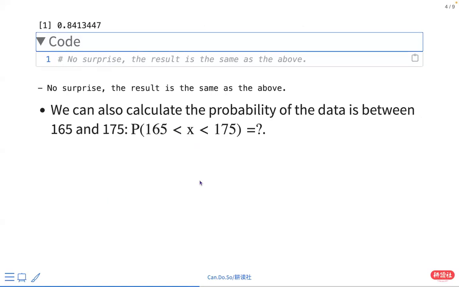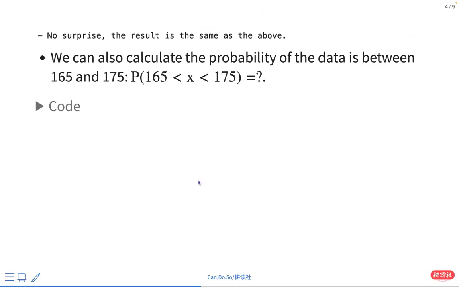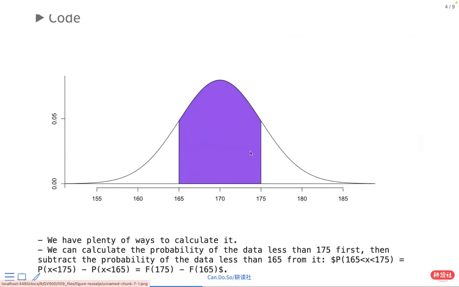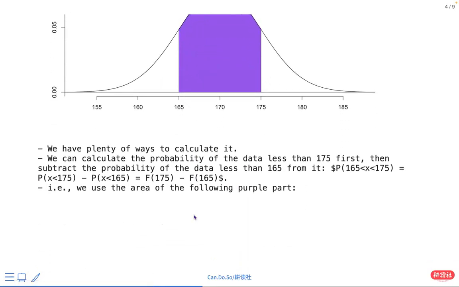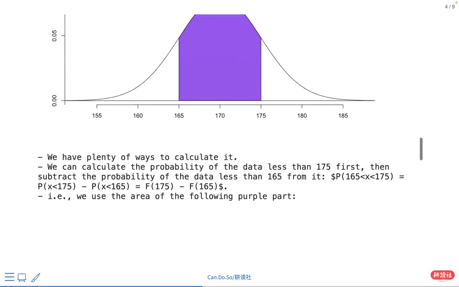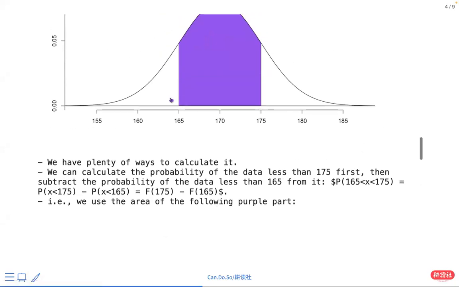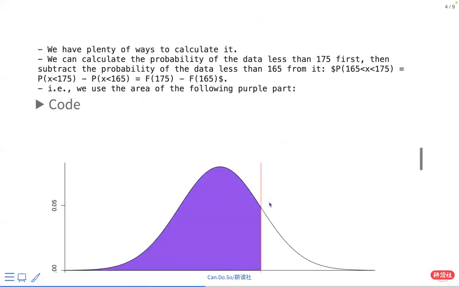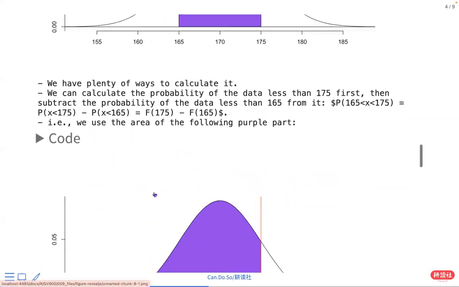And we can also calculate the probability of the data being between 165 and 175, which means we want the middle part of the data. We have plenty of ways to calculate it. First, we can take the whole area to the left of 175, minus the area to the left of 165, and we get the middle part.